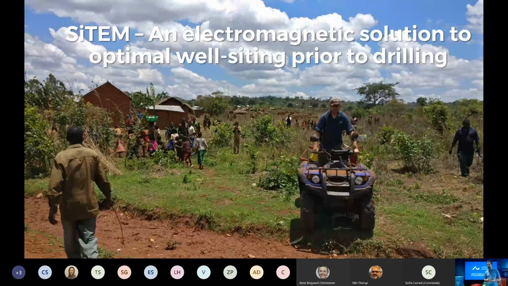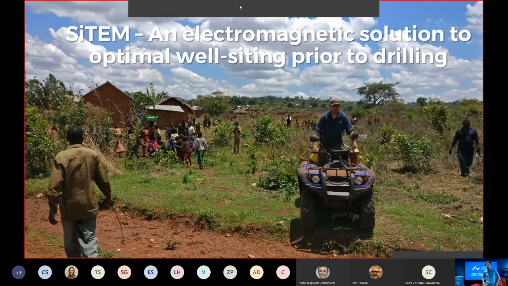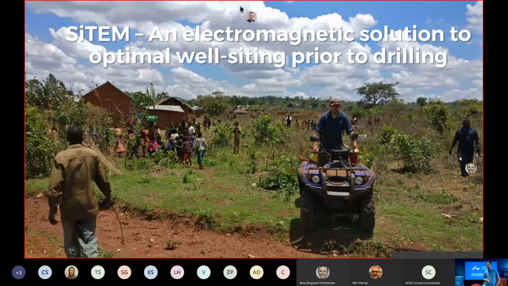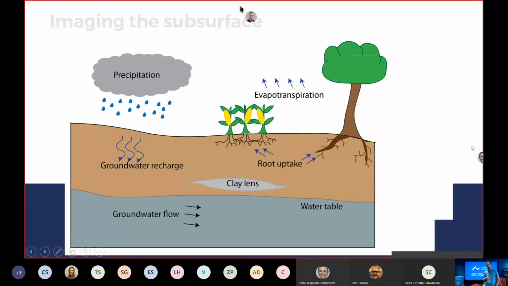As hydrogeophysicists, we're generally interested in better understanding groundwater systems and groundwater processes. So in our research group, we're trying to build research tools or imaging tools that can better understand some of the properties of the subsurface. Some of the properties that we're trying to image are things such as, is there an aquifer present at depth? If so, how thick is this aquifer?